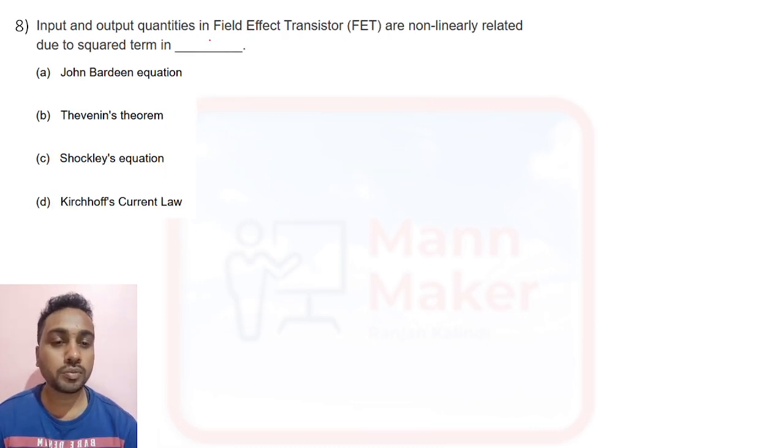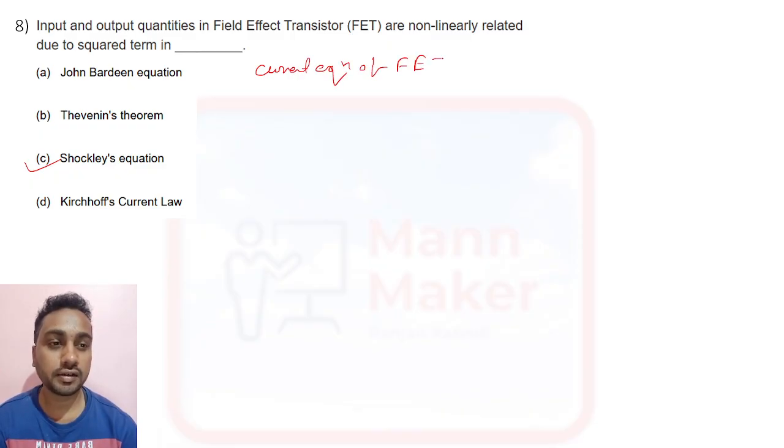Now, input and output quantities in a field effect transistor are nonlinearly related due to a square term. What is this? Shockley equation. The Shockley equation gives the current equation of the field effect transistor.